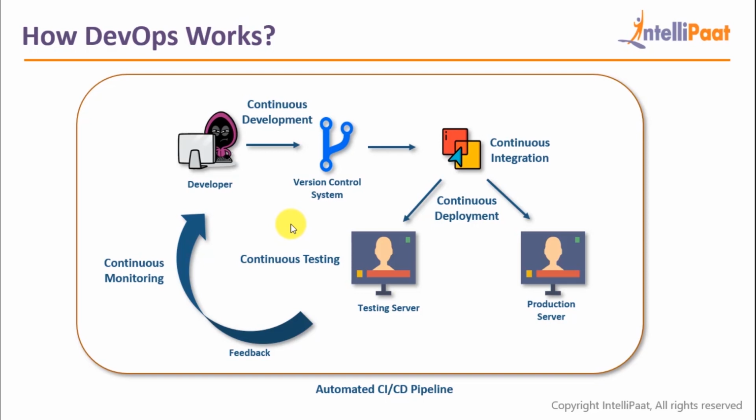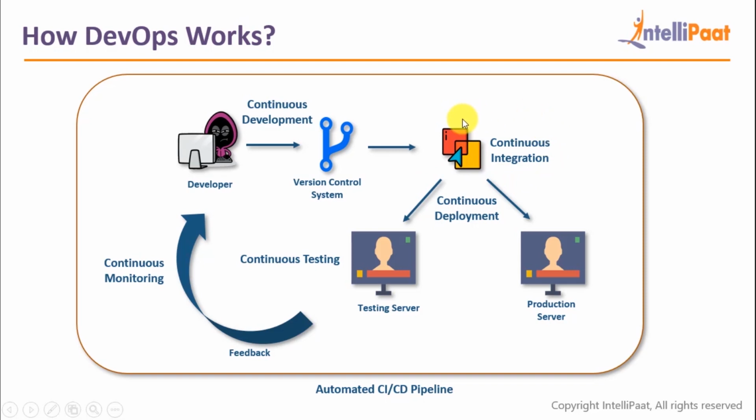So if you were to explain continuous development and continuous integration, continuous testing, this is the best way to learn it. Okay, so we have a developer who basically will be pushing his code to a version control system. Okay, and any changes in this version control system will be taken up by a continuous integration tool. Okay, so what is a continuous integration tool?